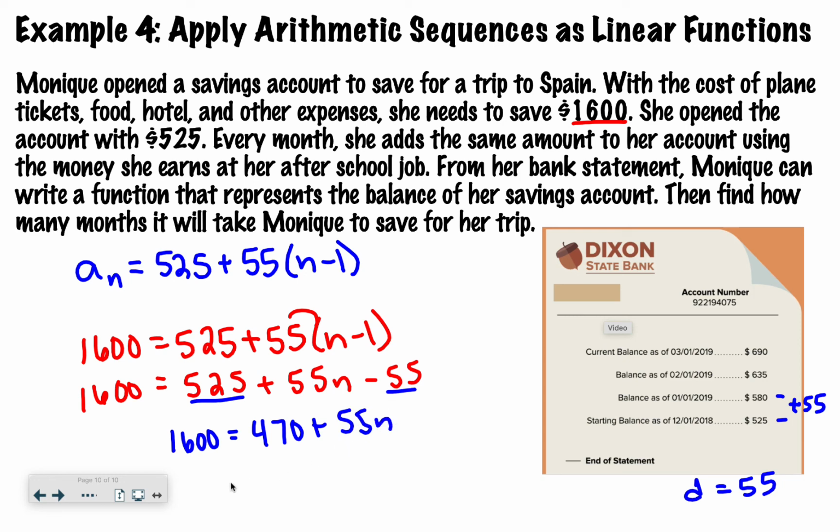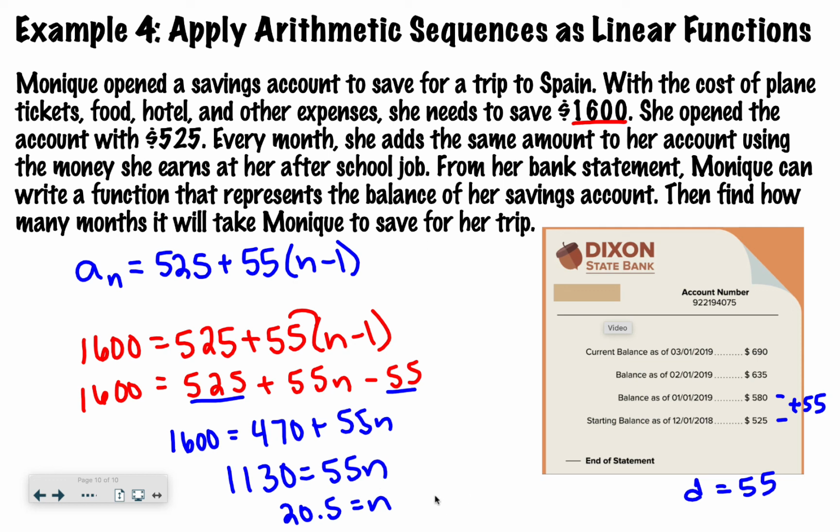And then I subtract 470 from both sides, and I'm left with 1,130 equals 55n. And then to get n all by itself, I would divide by 55 on both sides. And I get 20.5 if I round to the nearest tenth. So it's going to take Monique 20 and a half months to save for her trip to Spain.